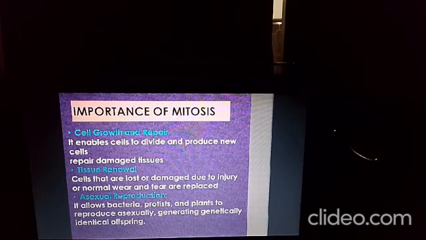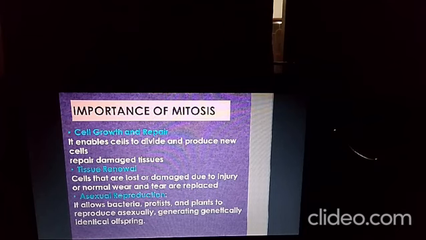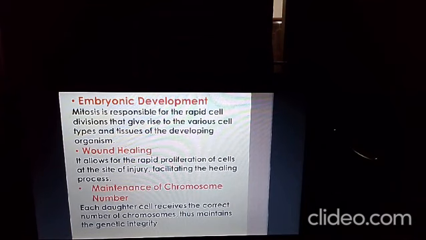So the first three importance are the growth of the cell, repair of the damaged cells or tissues, then the renewal of the damaged tissues, then asexual reproduction in different types of organisms. Now come towards the other importance. Here the fourth one is embryonic development.